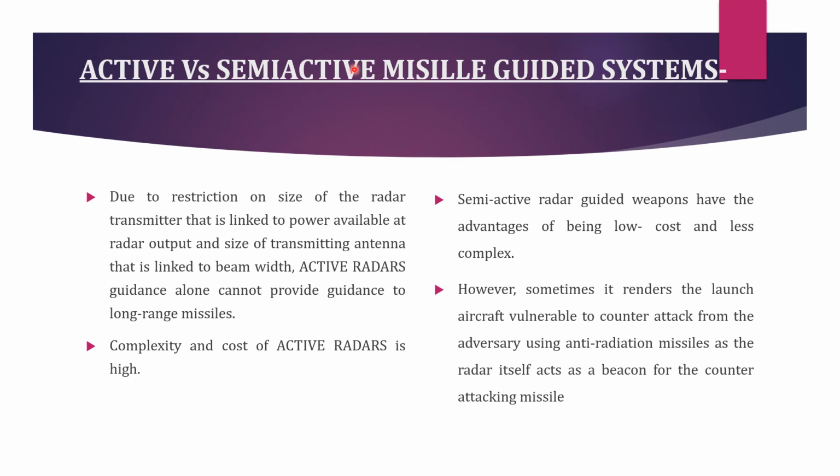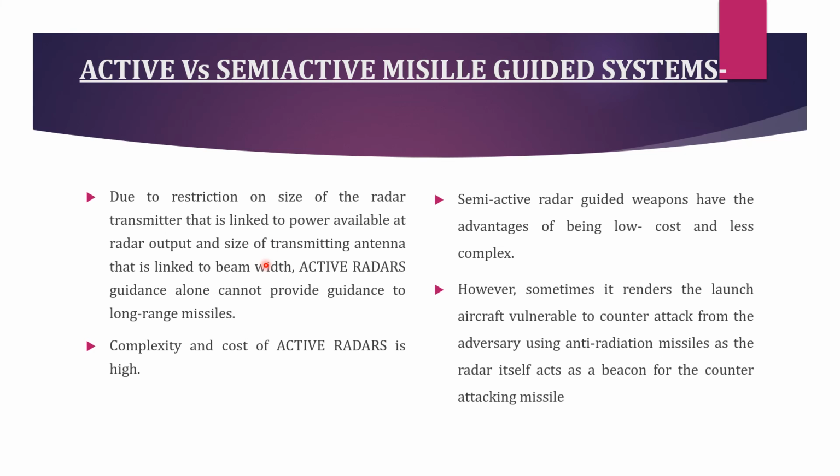So both active and semi-active missile guided systems have their associated advantages as well as disadvantages. On one side, the active radar systems have complexity and cost. The semi-active radars have the advantage of being low cost and less complex.